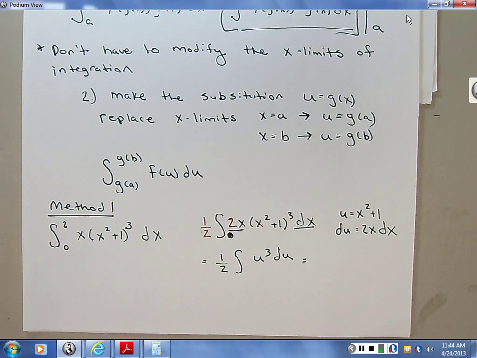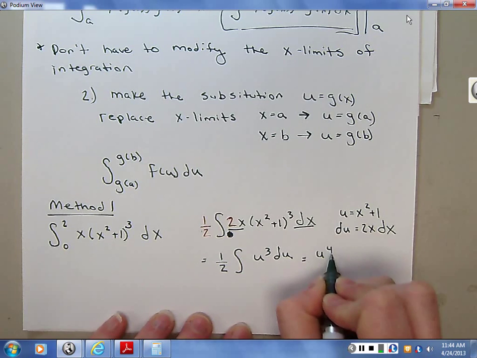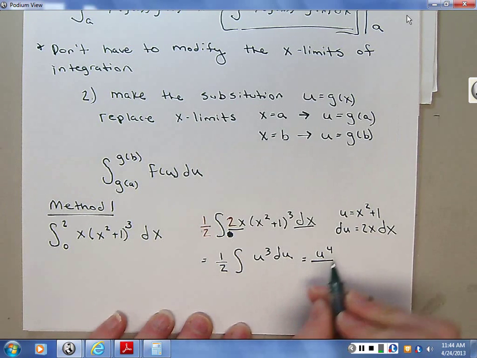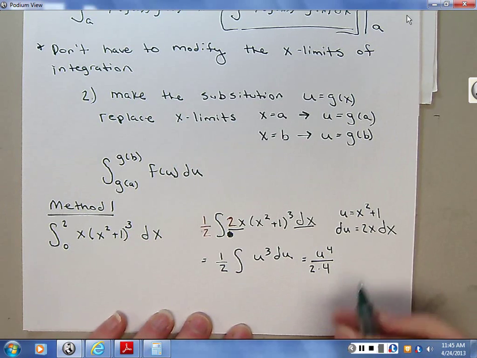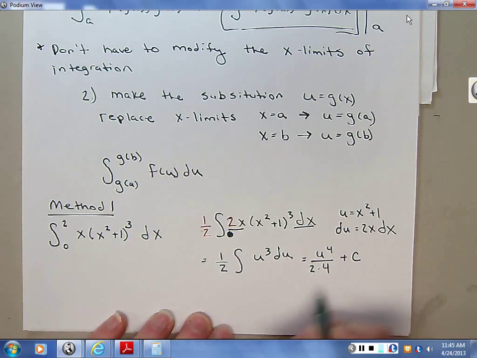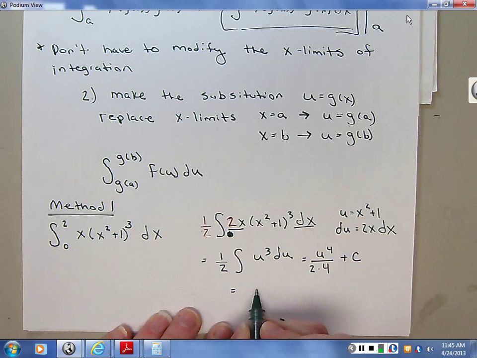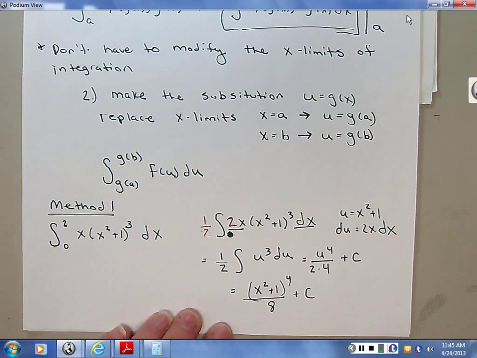So integrating this, I have u to the 4th over 2 times 4. So really I have a plus c. So then I actually have (x squared plus 1) to the 4th over 8 plus c, right? But now I can just use the c to be 0 over here.